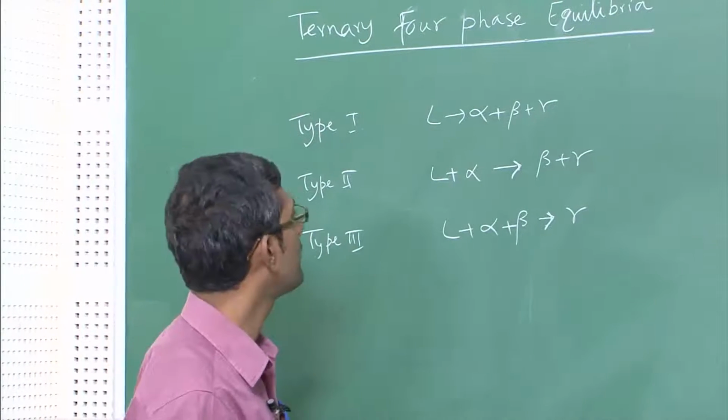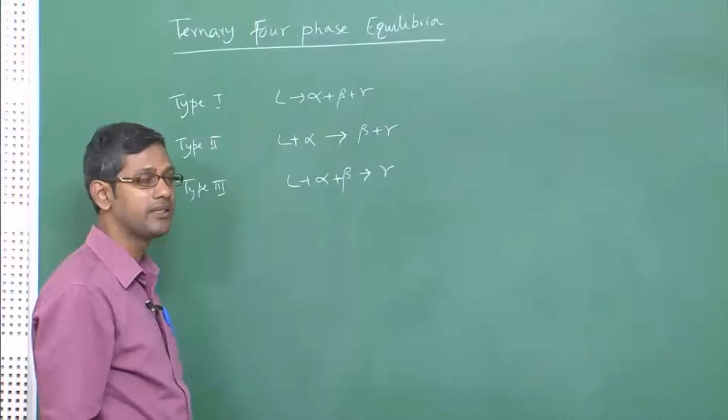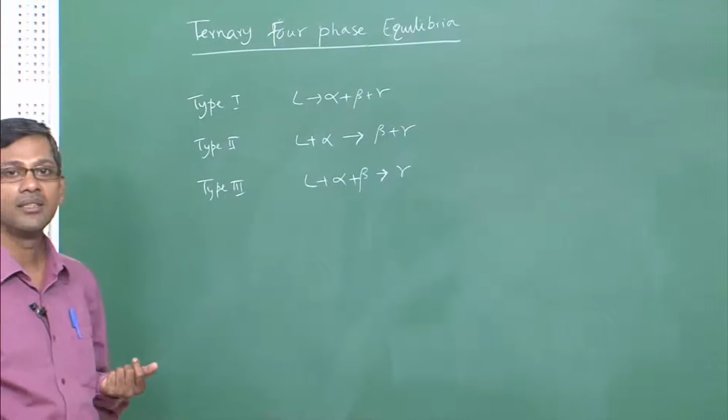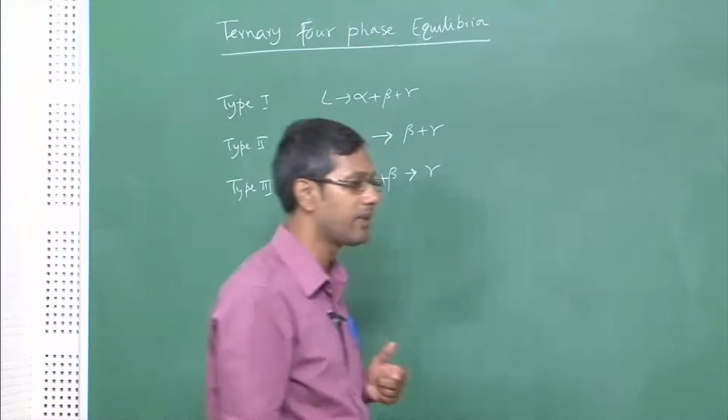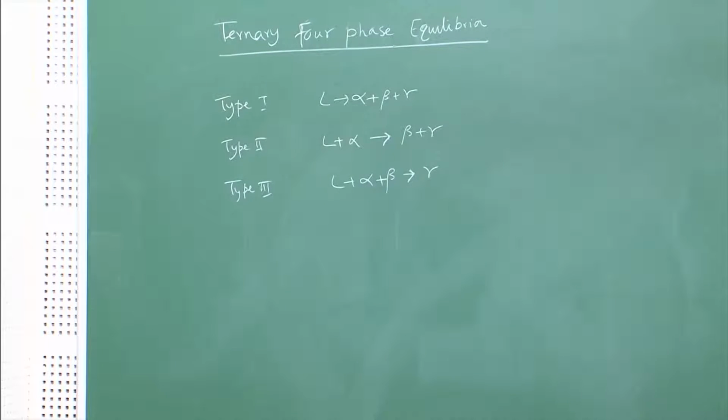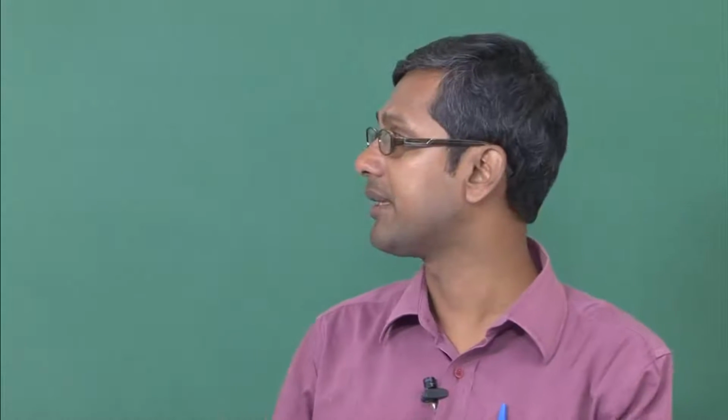As you know, unlike type 1, these other 2 types are actually a little bit different. Let me explain one by one. The second one, type 2, is shown in this picture here.